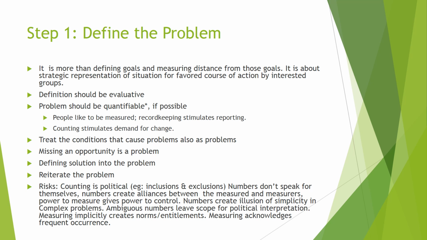Ambiguous numbers leave scope for political interpretation, so very true. Measuring implicitly creates norms and entitlements, and measuring acknowledges frequent occurrence. Now we know that, but some of the things I said prior are very important because it's political.